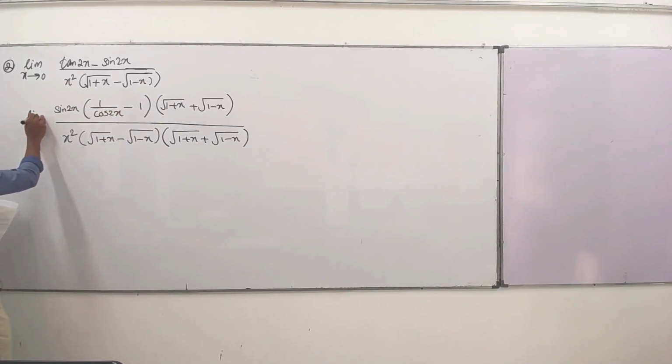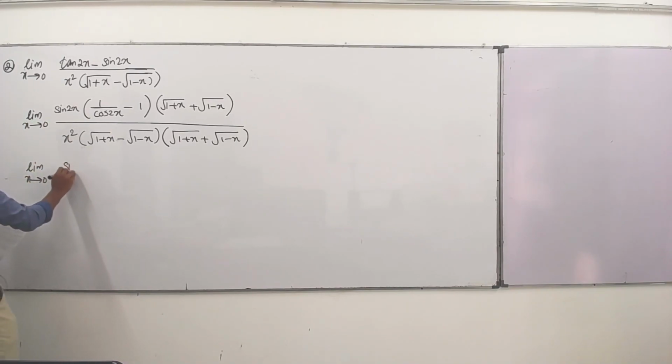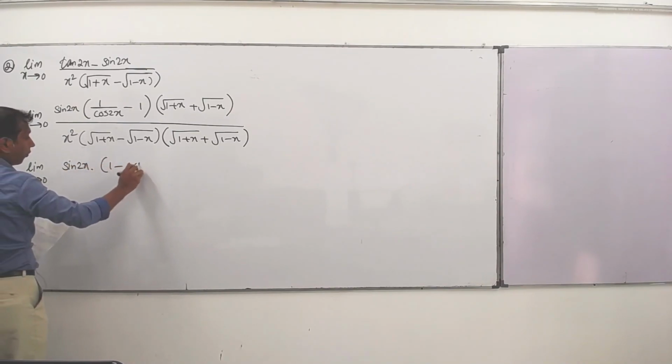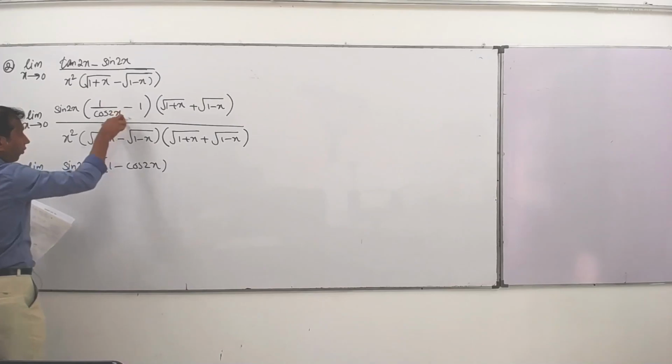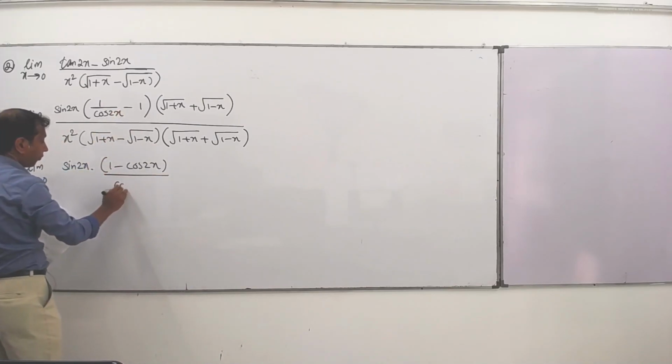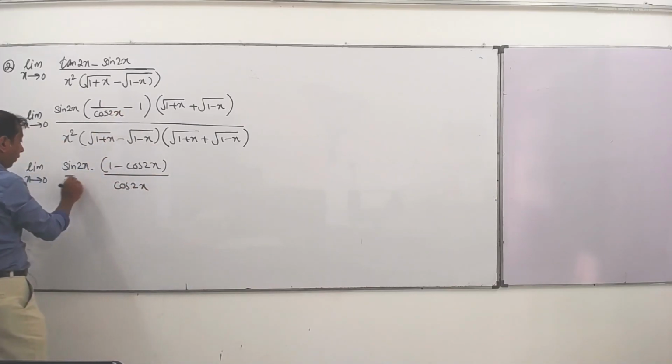Limit x going to 0, sin 2x, 1 minus cos 2x divided by 2 I write here, and this x squared also.